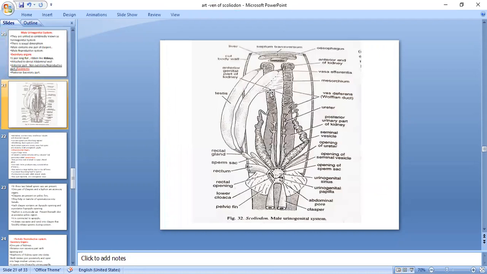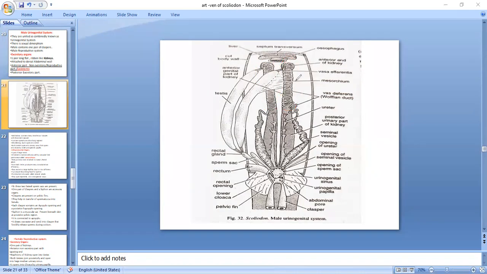So here, from here to almost here, they are long ribbon-like kidneys, and this is the anterior part of the kidney. This one is the anterior part of the kidney, which you can simply call the epididymis, or the non-excretory part of the kidney.